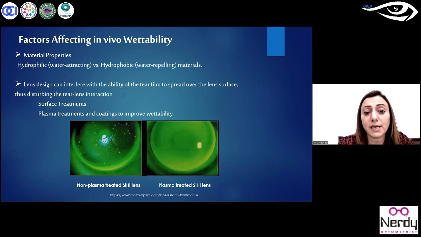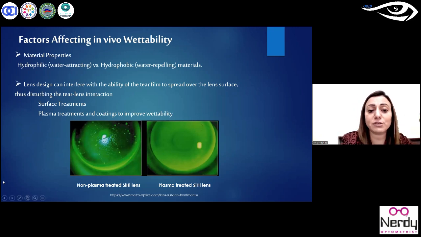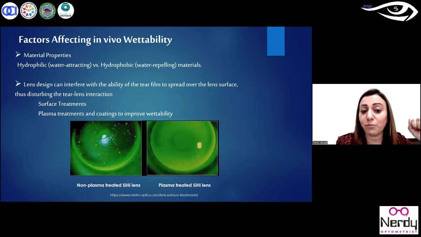I mentioned in the beginning of the lecture that silicone is hydrophobic. Imagine the silicone hydrogel lens, if we take it and put it in our eyes immediately after manufacture, it looks like this. It's a rough surface, able to attract deposits.